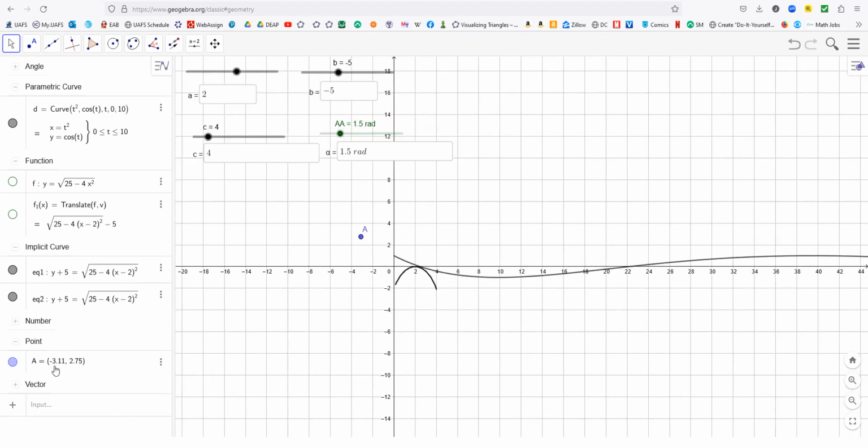Okay, let me try something else. Let me change it a little bit. Let's see, where is that? Parametric curve right here.